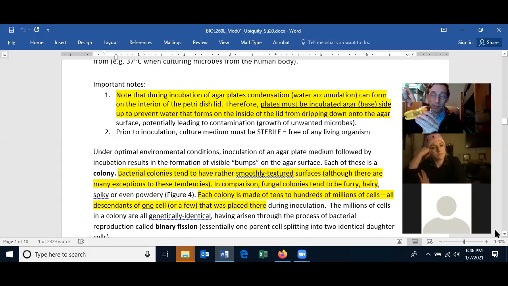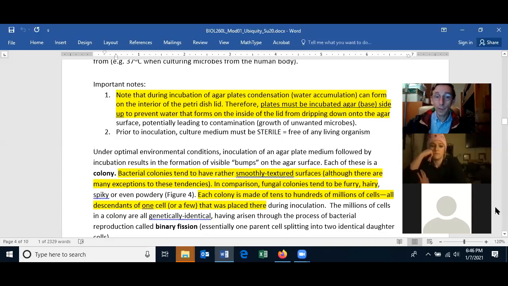And even if droplets were to form and drop on the top of the plate, who cares? We're not growing any bacteria on the top of the plate. So when you incubate plates in the incubator, they should be incubated upside down to prevent moisture from forming on the lid and then dropping into your culture. Okay, any question about that?